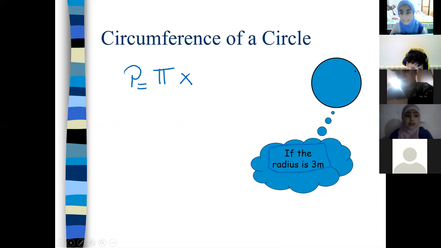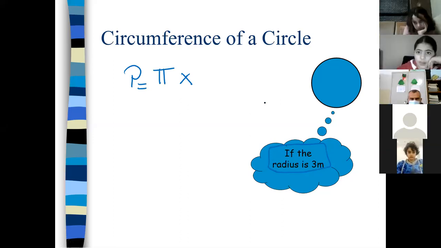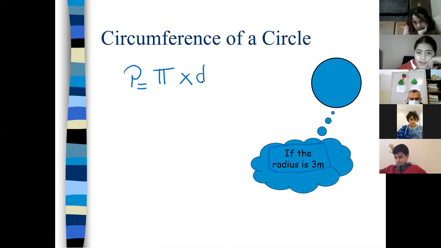Pi times which number? No, not 3. We multiply pi by the radius or by the diameter? Diameter. So pi times d.